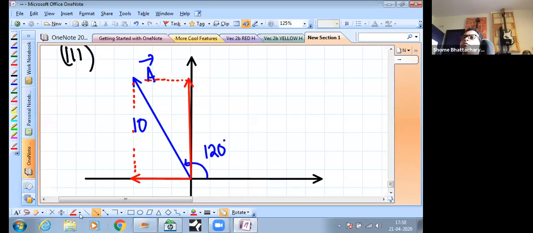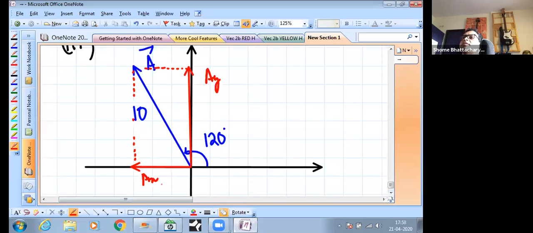This is my y component. So from the diagram sign convention, you can understand that Ax has to be a negative quantity. And from the diagrams, you can understand Ay has to be positive, which is consistent with your trigonometry, because cos theta is negative in the second quadrant and sin theta is positive in the second quadrant.